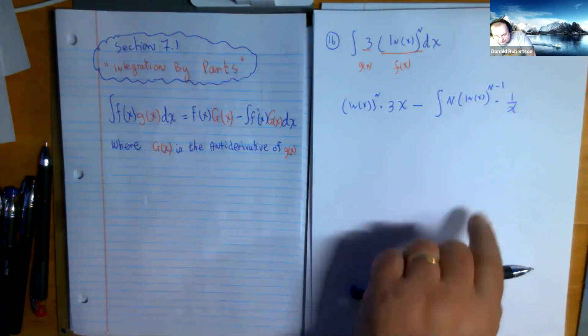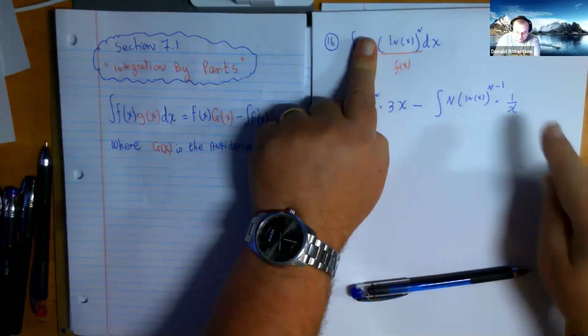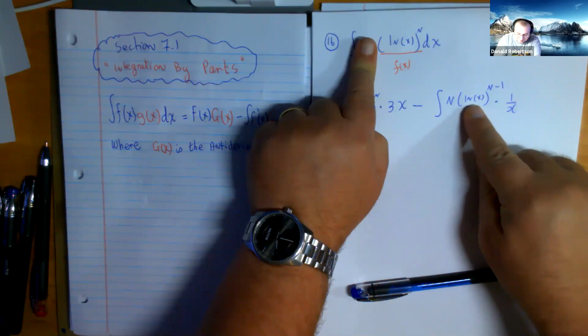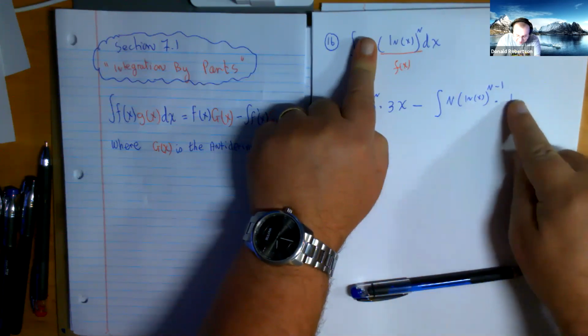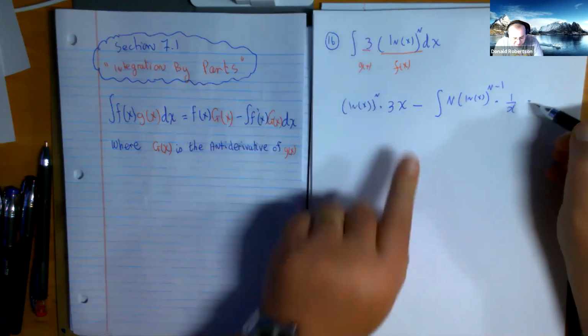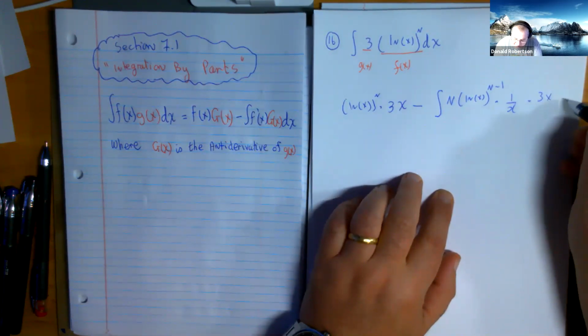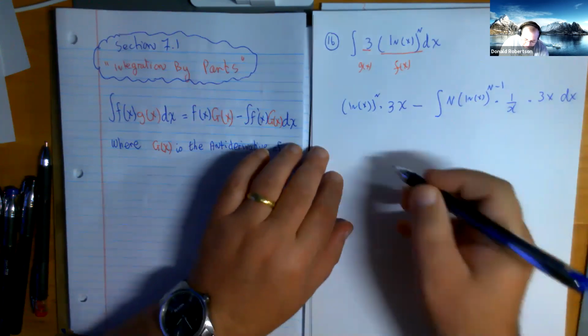Are you all comfortable that this mess is what the derivative of that guy is? N times 1 less power times the derivative of log x. Multiplied by capital G, which is 3x dx.